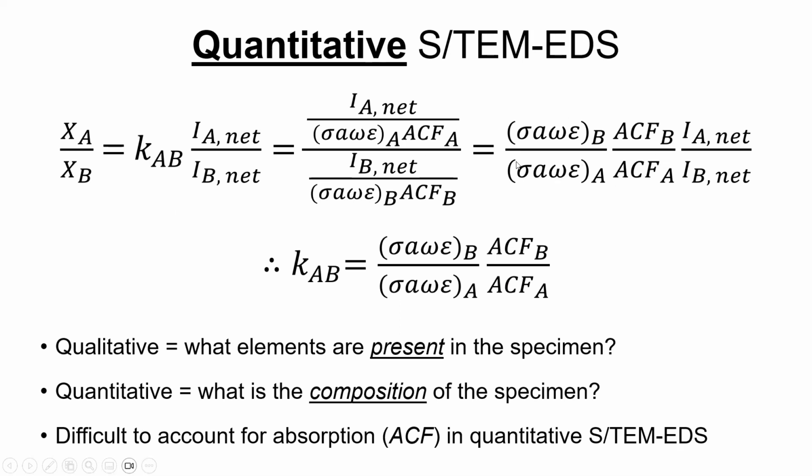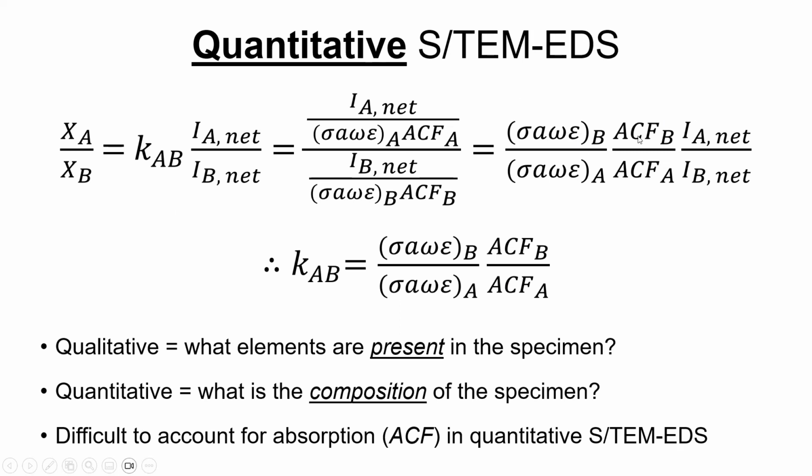If you do a little math, you end up with this over on the right. I've separated this out into basically two parts. The part on the left is sigma A, omega, and epsilon, and to the right of that you have ACF.